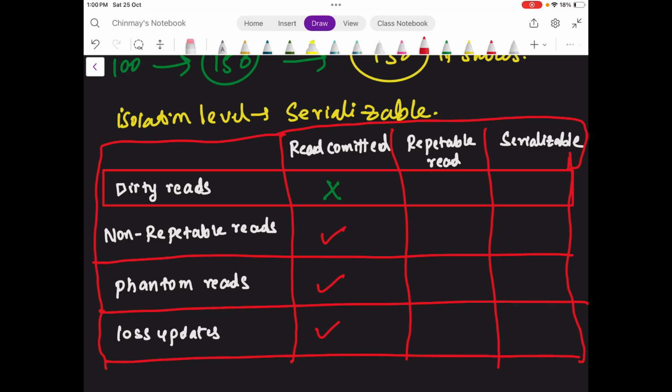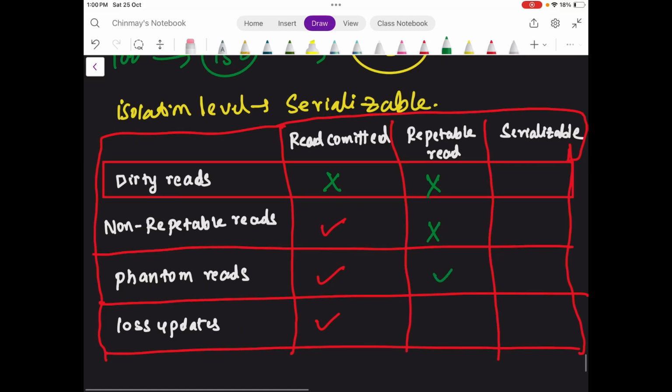If you use repeatable read, there are no dirty reads and no non-repeatable reads, but we have phantom reads and lost updates. If you use serializable, we don't have any of these. Okay, this is about isolation.